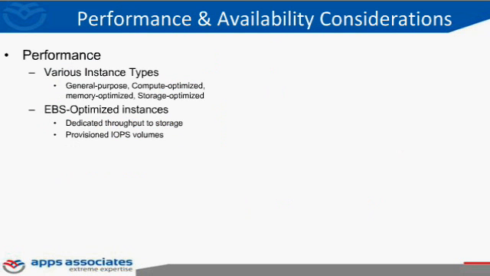Depending on the complexity and the size of the environment, you could be dealing with hundreds of thousands of targets. So performance of the Enterprise Manager environment across the database and the OMS, or management service servers, is quite important. So how does Amazon Web Services provide for meeting those performance considerations?